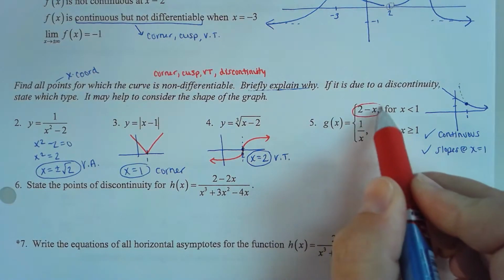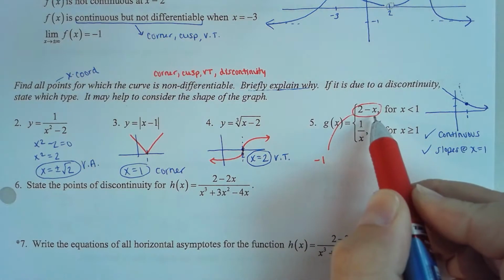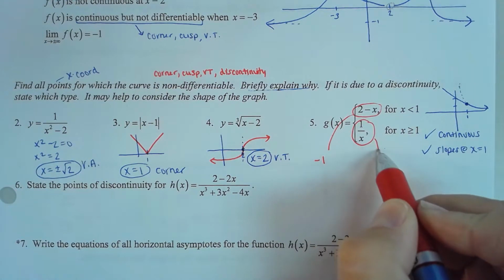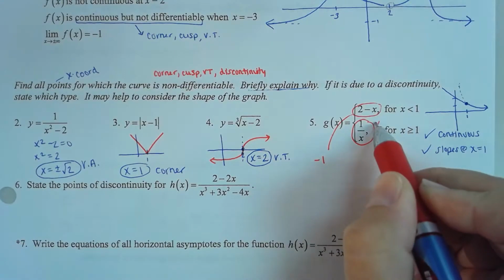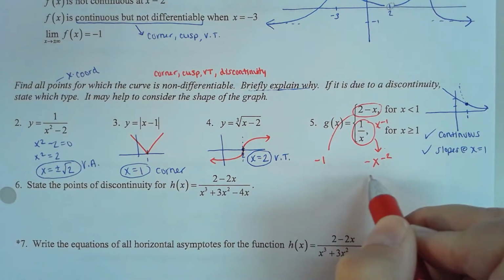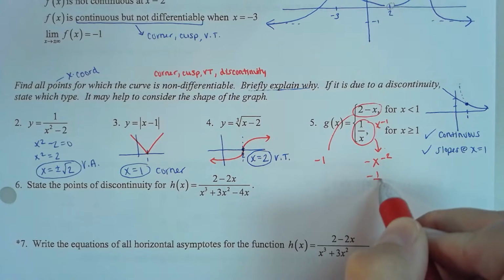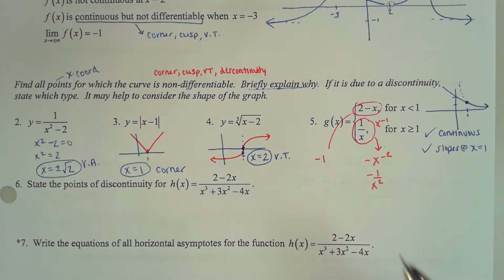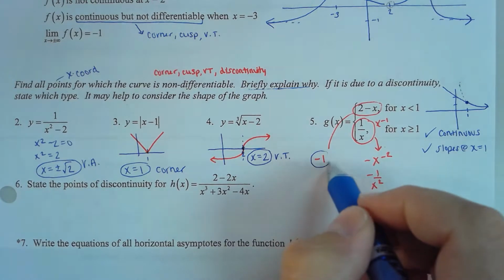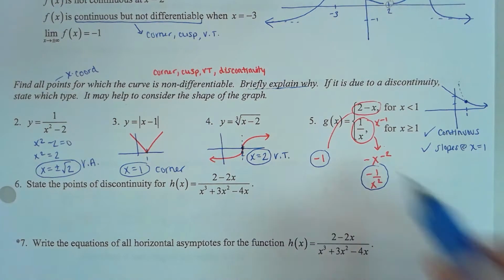So slopes come from the derivative. The derivative of that first piece is -1. The derivative of the second piece, well, if it's x to the negative first, the derivative is negative x to the negative second, or negative 1 over x squared. Here's my derivative on the left side, and this is my derivative on the right side.